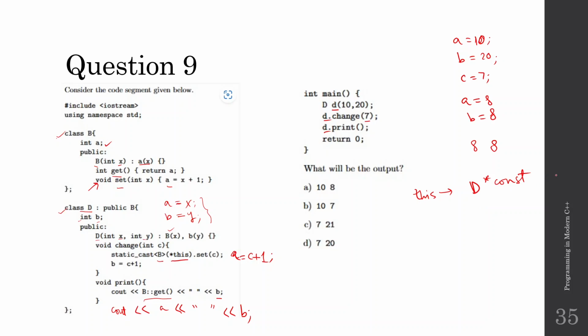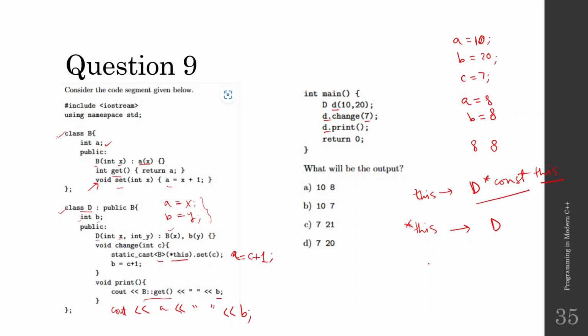This is the type and this is the variable name. Now when we do star this, it will return a D object.